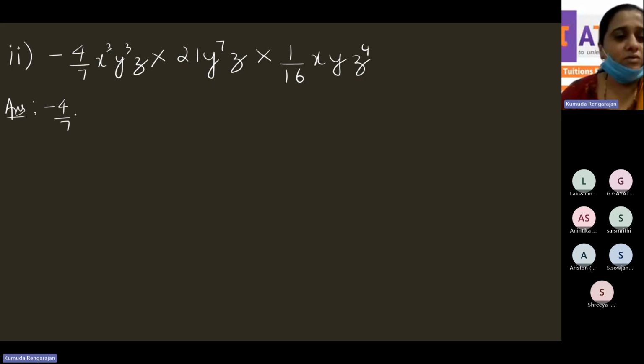So write out the question given: minus 4 by 7 x cubed y cubed z.